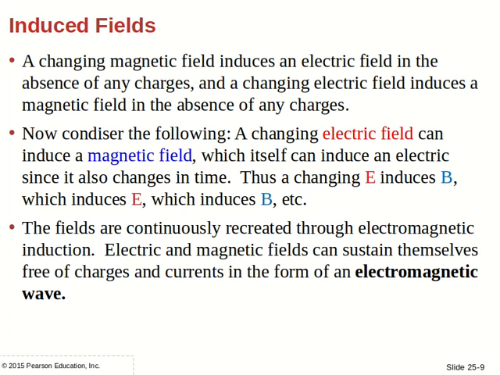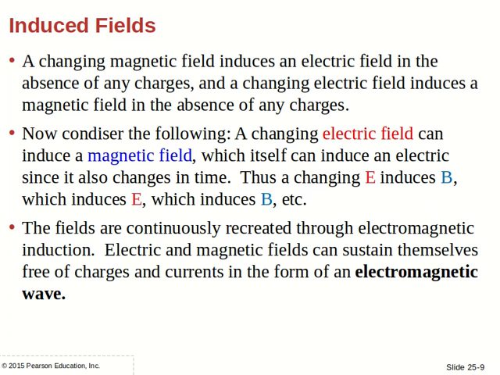And we've also just now learned that a changing electric field can also induce a magnetic field in the absence of charges. So there's this symmetry. So consider the following. If in free space we see a changing electric field, which can induce, therefore, a magnetic field, and this magnetic field itself is changing, and therefore it can induce an electric field, since it also changes in time.